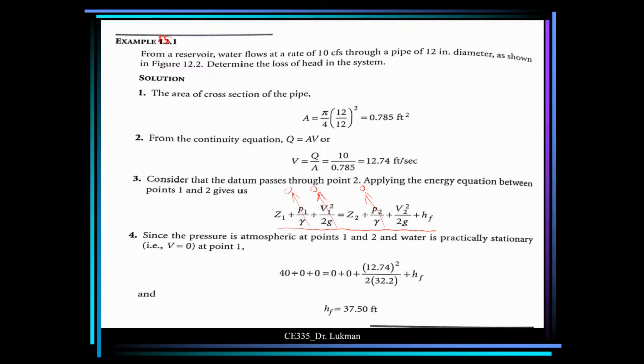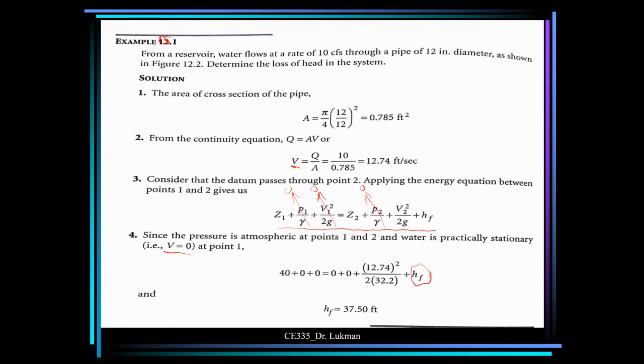To find velocity in the pipe, we find the area of the pipeline, pi d squared over 4, and then use the continuity equation to get the velocity. Then consider the datum. Here v1 is 0, so here we can find the head loss.